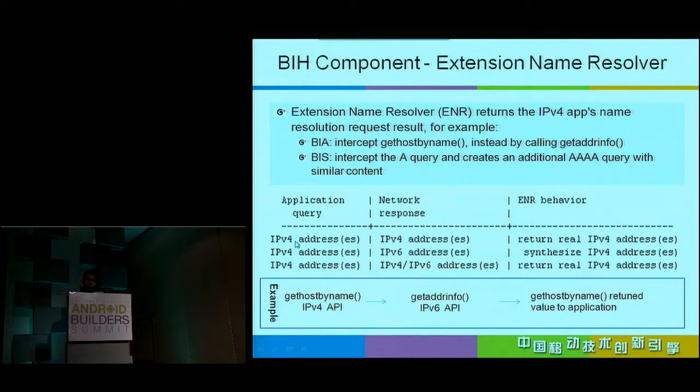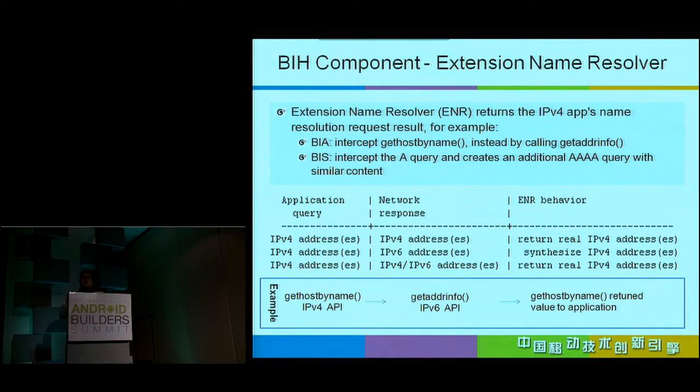So the application can work with it. With this translation, the device can support dual stack connection with the network in the third case, and use the BIH translation, the IPv4 application can communicate with the IPv6-only network.